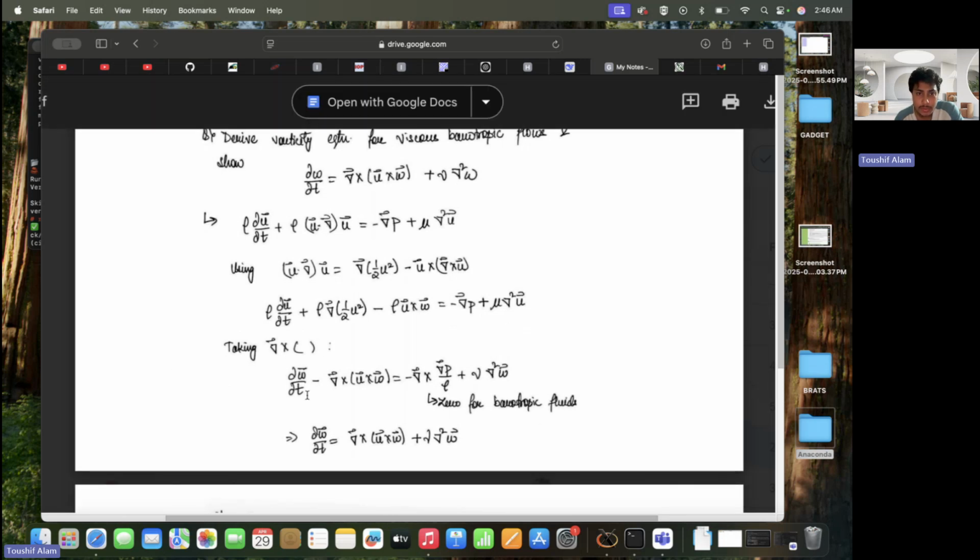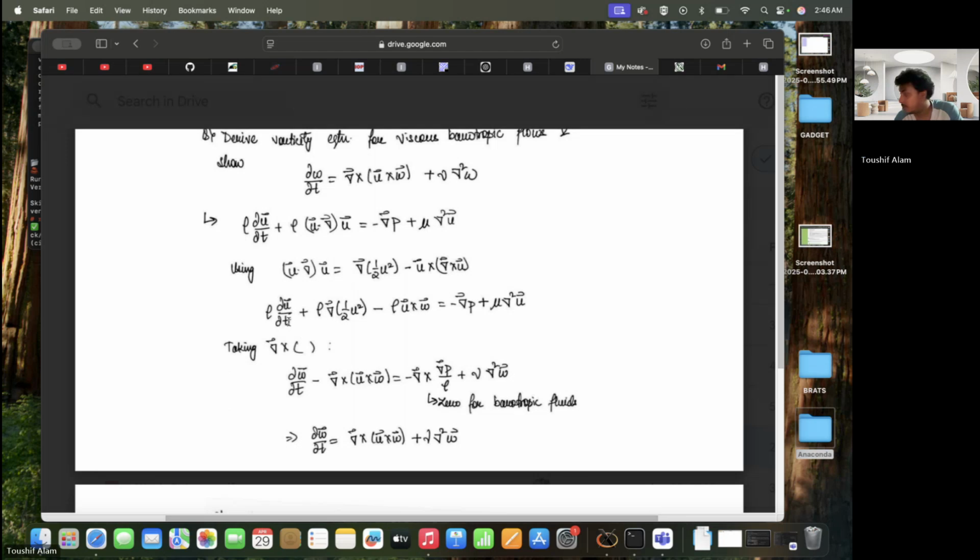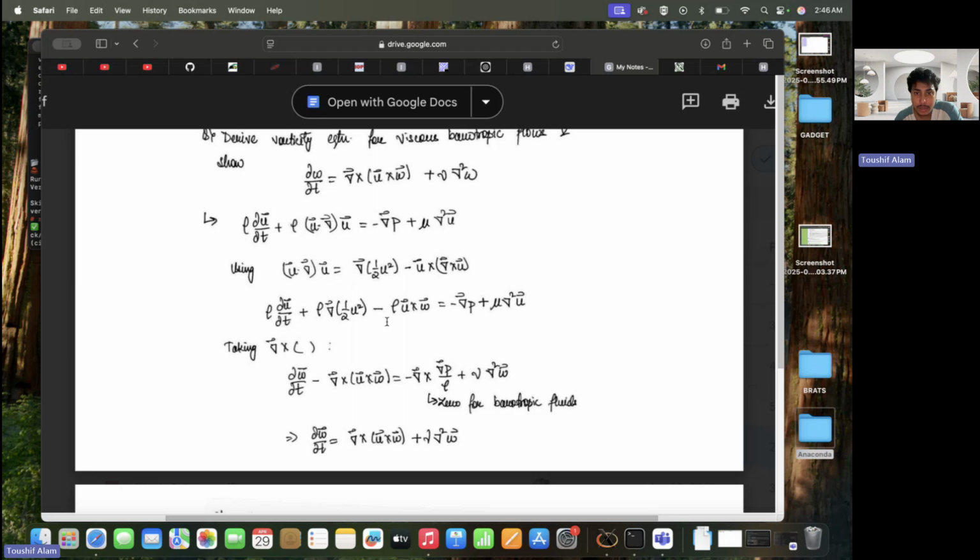Taking curl from both sides, you will get curl u is omega. So del omega del t, and the rho cancels out on every side.